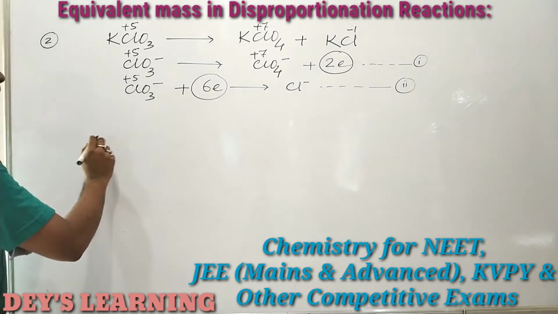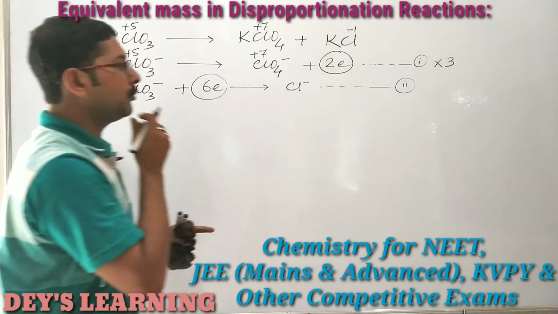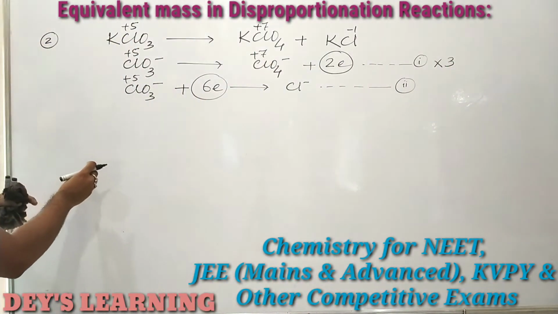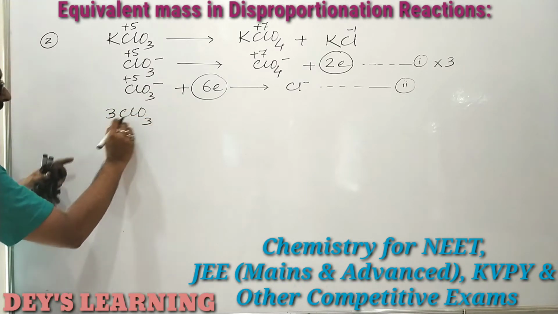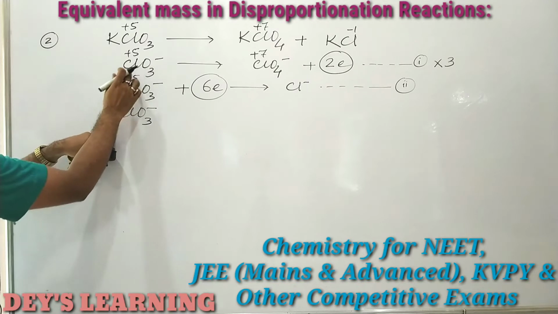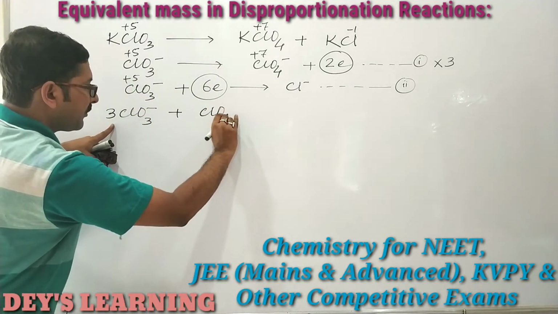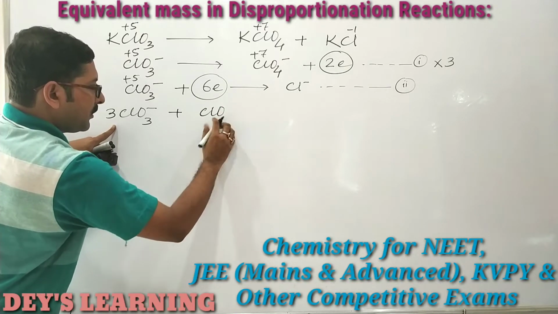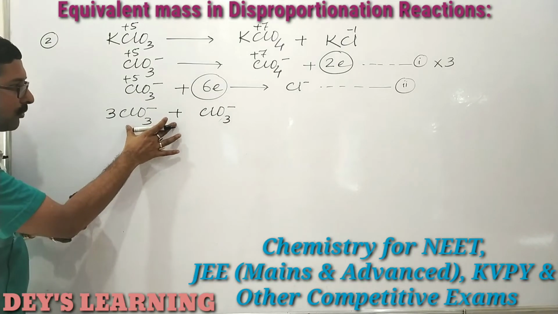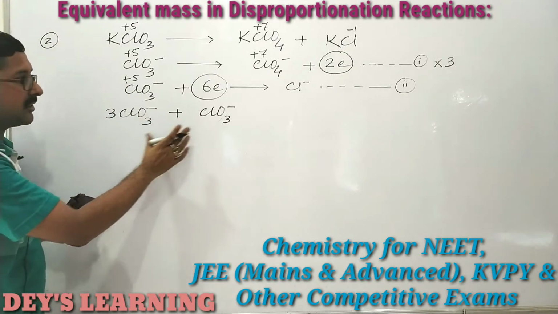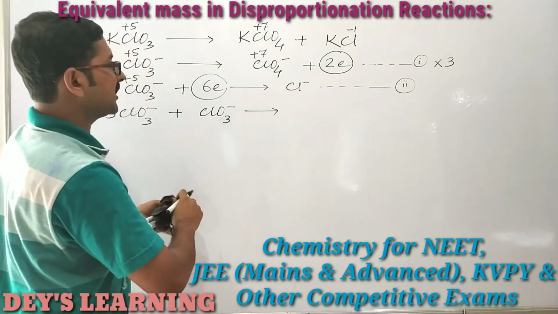So multiplying equation 1 by 3 and equation 2 by 1 and adding these two equations, we have 3 ClO3 minus required for the oxidation process, and again ClO3 minus required for the reduction process. So actually 4 ions of ClO3 minus are required for the overall disproportionation reaction.